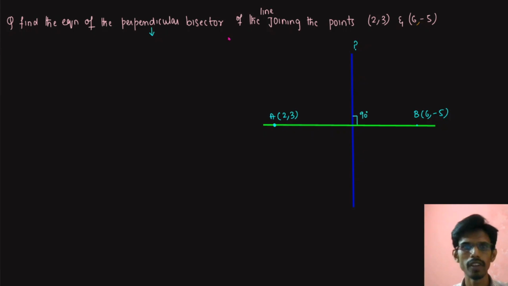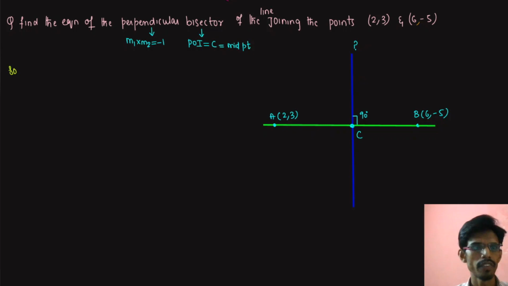Whenever we hear this word perpendicular, the product of their slopes will be -1. Bisector means the point of intersection, let us take it as C, will be the midpoint of A and B. Okay, let us solve this question.